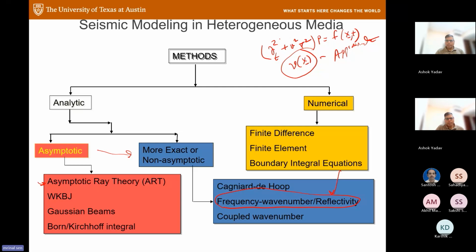So there we have finite difference, finite element, etc. During the course, we will touch upon more details on reflectivity and finite difference, because these two methods are most popular in exploration seismology. I will also talk a little bit about ray theory and Kirchhoff and Born later, during this course, but not today.